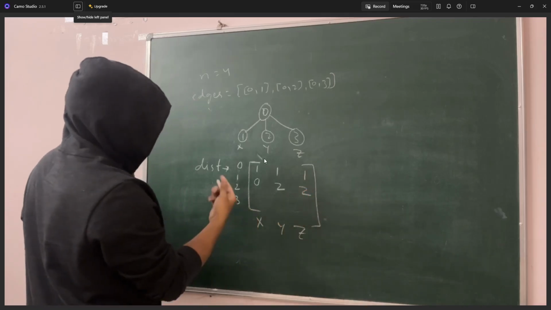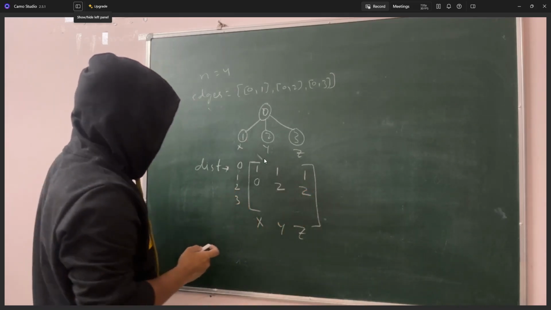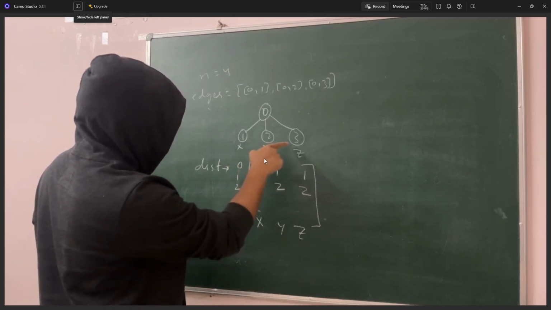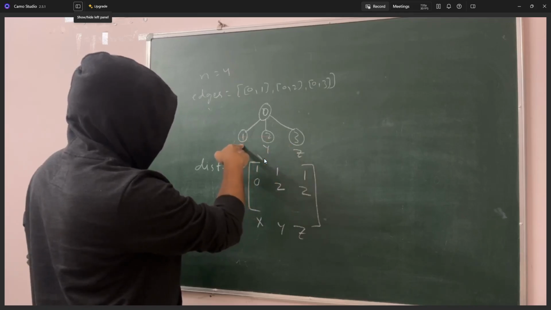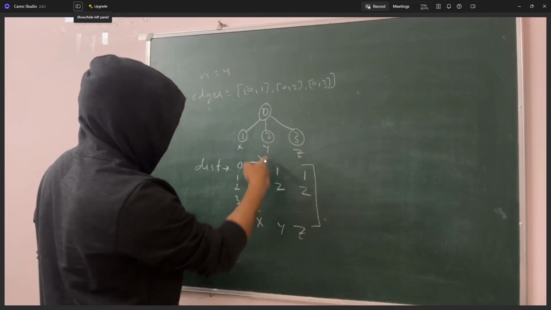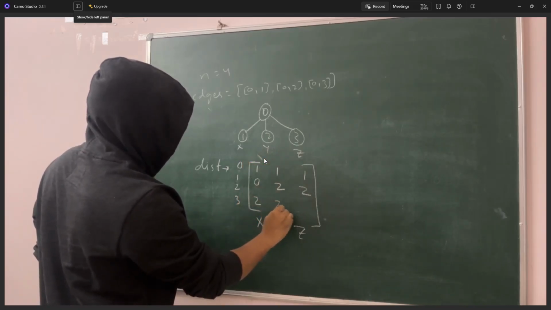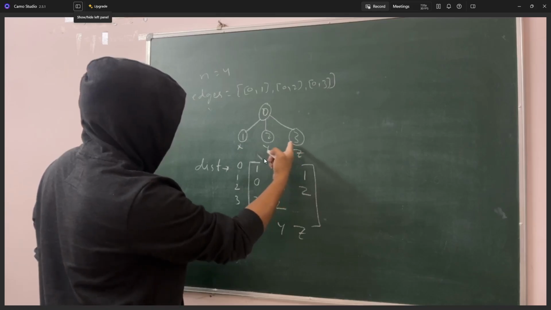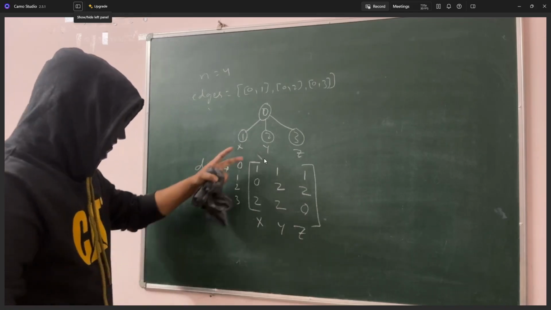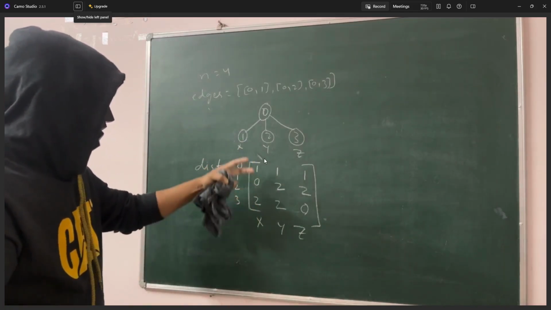Similarly, from node 3 to node x, what is the distance? 2. From node 3 to node y, what is the distance? It is 2. From node 3 to node z, the distance is 0. So we will try to make this distance vector.